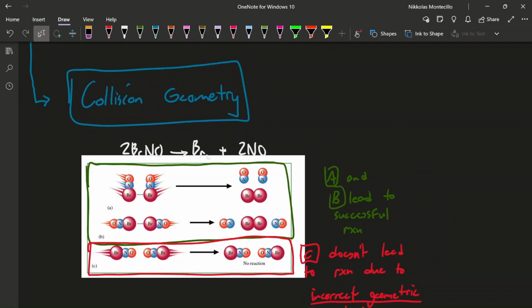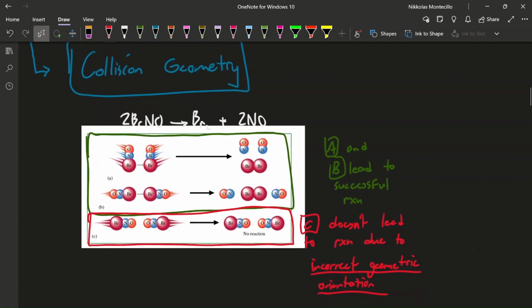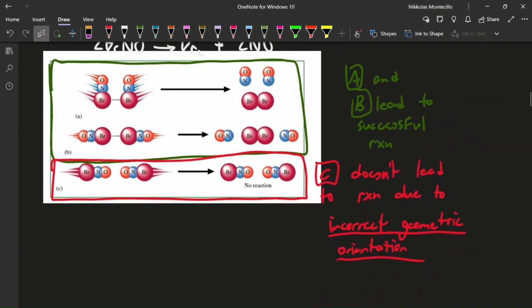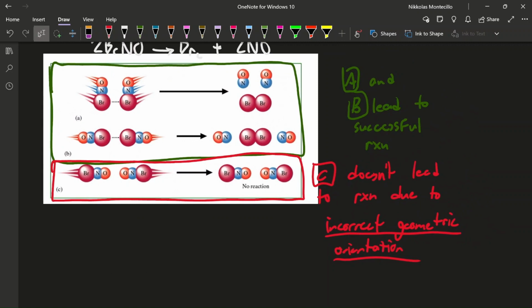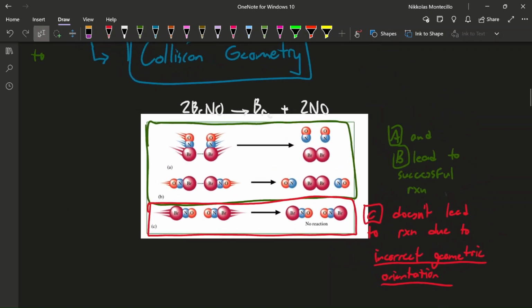We can see here that for reactions A and B, the molecules are oriented favorably, which allows a reaction to occur. However, in reaction C, no reaction occurs due to the incorrect geometric orientation.